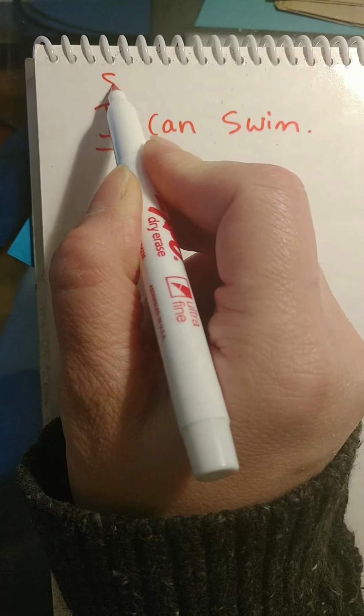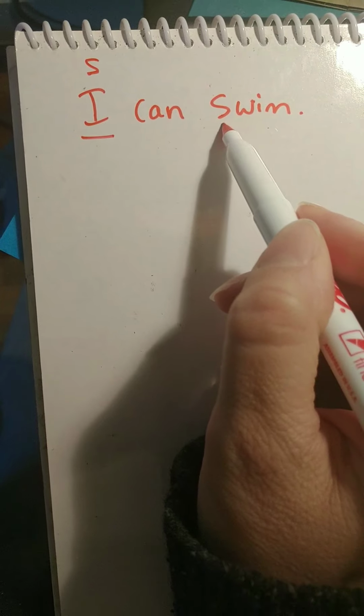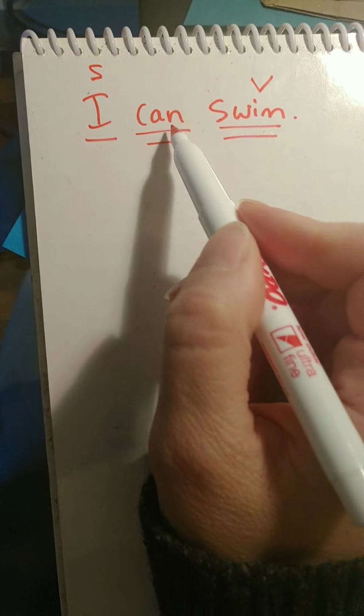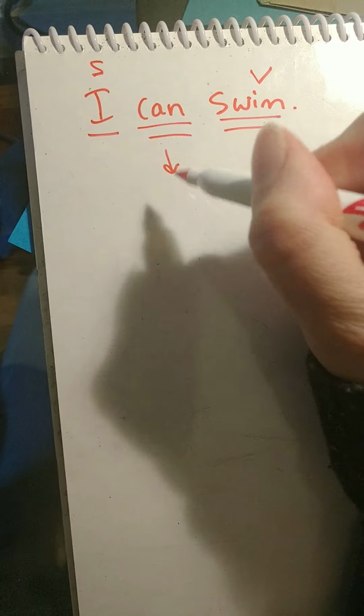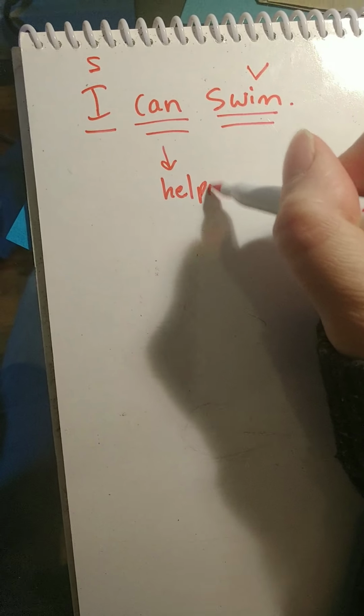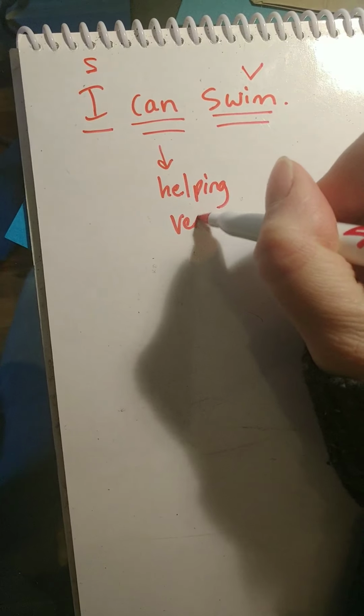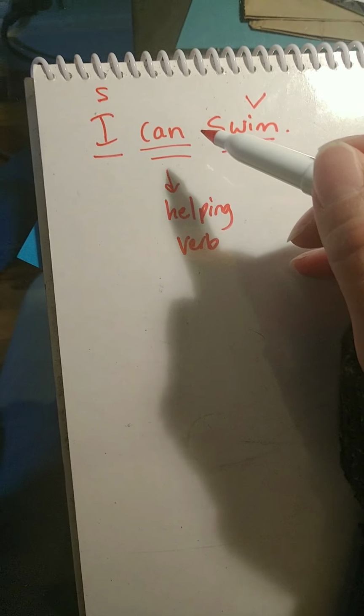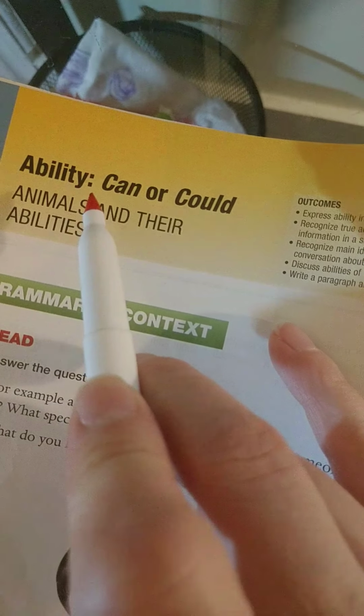I is the subject. What is the main verb of the sentence? Swim is the main verb, and can is a helping verb. But the verb can shows, as the book says, ability.